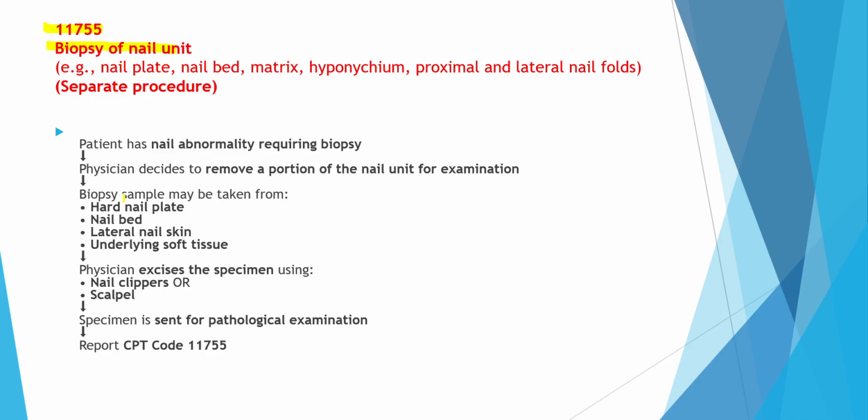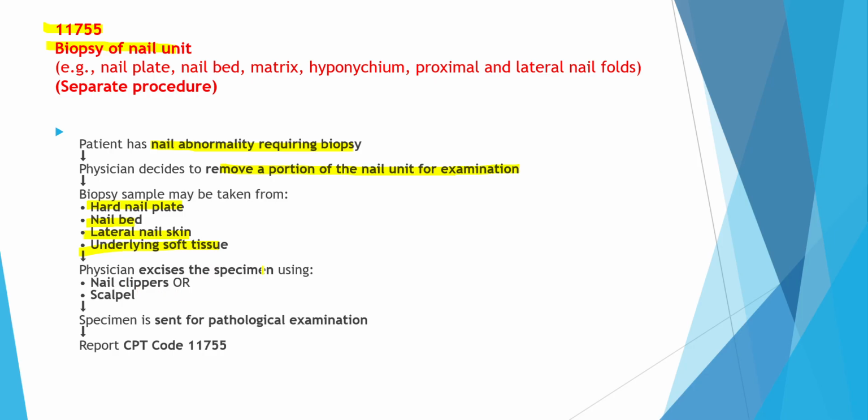So the patient has a nail abnormality which requires the biopsy. The physician will remove a portion of the nail unit for examination purpose. The biopsy sample may be taken from the nail plate, nail bed, lateral nail skin or underlying soft tissue.